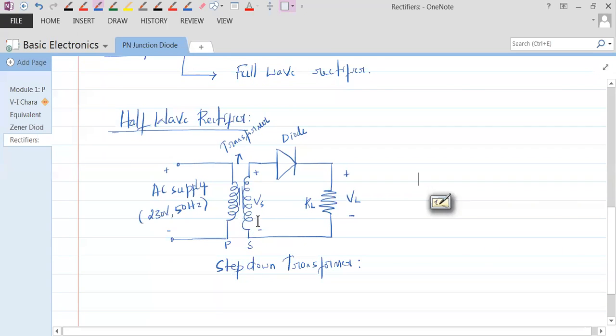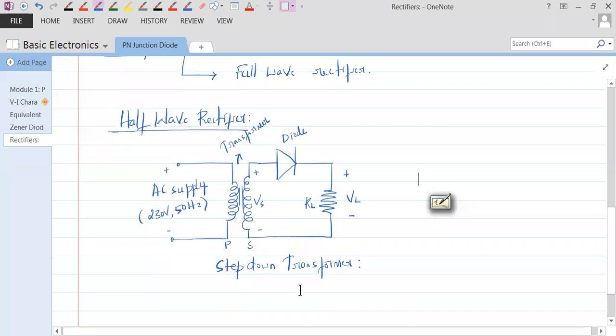Now understand, do you think this Vs is AC or DC? The voltage that we have across secondary windings. It is AC only, because the transformer is not converting AC into DC. What is it doing? It is just converting a larger voltage into a smaller voltage.